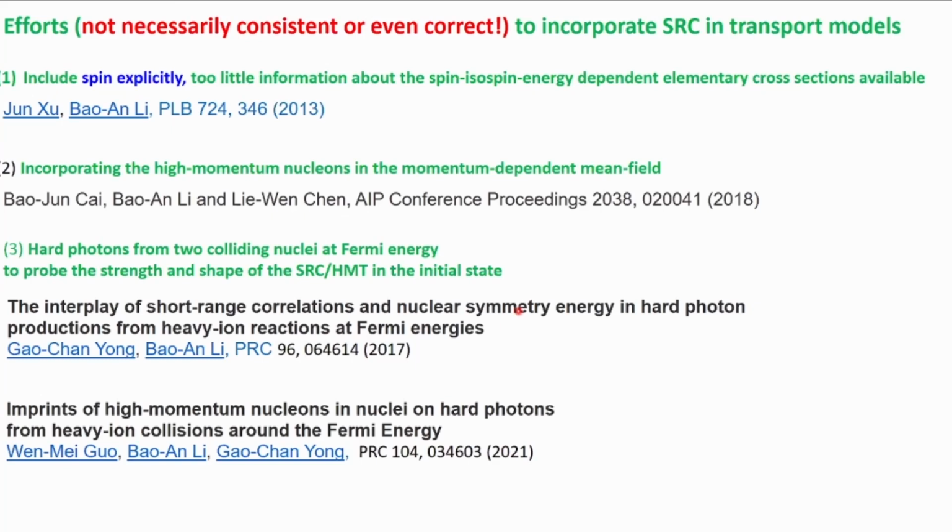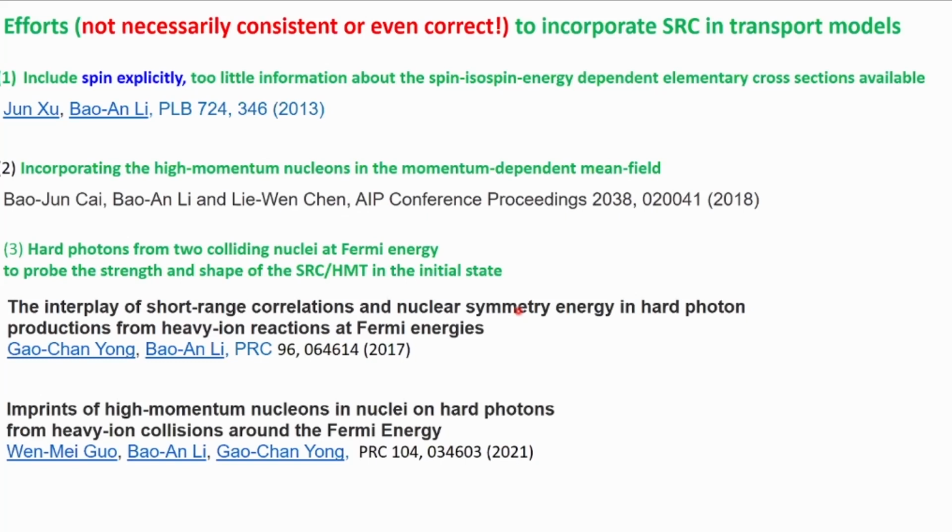Okay, we have looked at several aspects. For instance, Xu Jun tried to incorporate the spin degree of freedom explicitly, so we can study spin transport, the spin angular momentum coupling, and the tensor force.